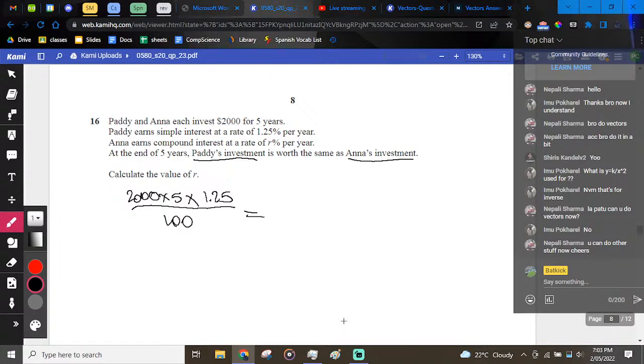Times 5 times 1.25 over 100, 125. That's how much she earns. It says the investment is the total of how much she earns and how much she already had there. She already had 2,000 plus 125 interest equals 2125, I feel. We'll find out soon enough. That's how much Patty has.